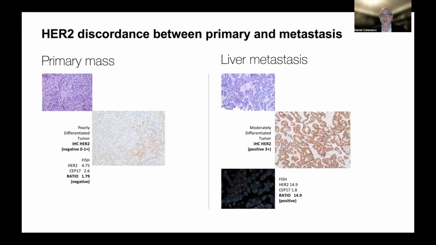So there was clear discordance between the primary tumor and metastatic site. In this example of spatial heterogeneity, circulating tumor DNA identified HER2 gene amplification. And so this is an example of where ctDNA could spare patients from having to get a biopsy of a metastatic site to rule out this possibility.